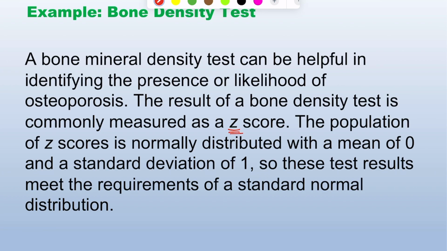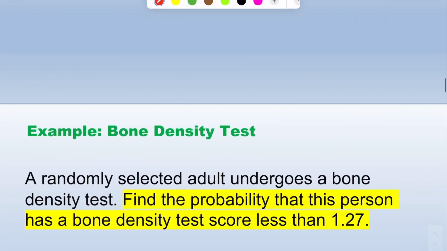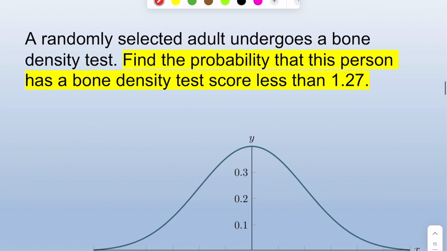The population of z-scores is normally distributed with a mean of 0 and a standard deviation of 1. So these test results meet the requirement of a standard normal distribution. All right, and now the question is, a randomly selected adult undergoes a bone density test. Find the probability that the person has a bone density score less than 1.27.